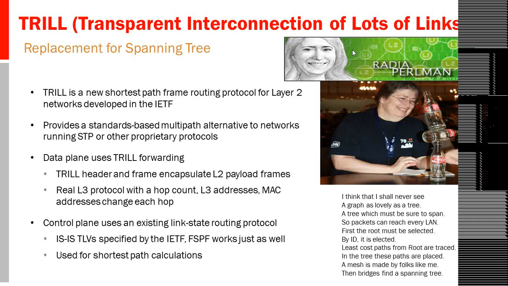So, not really designed for large fabrics or multiple open link states. So what TRILL gives us here is the ability to have all paths open across the fabric. So instead of adding up costs from root bridge and then blocking links somewhere in the infrastructure, but only having one path open, we have all paths open.